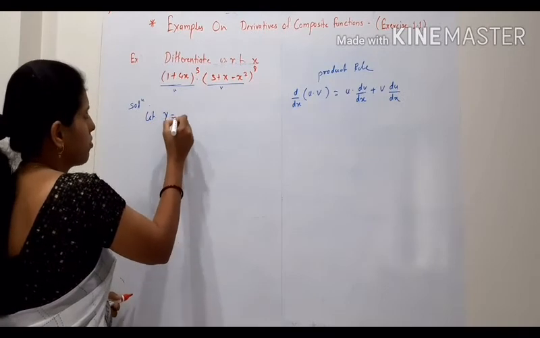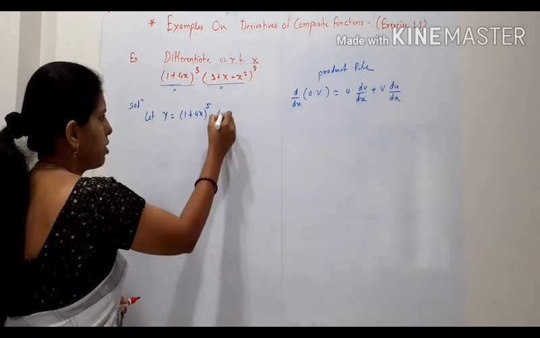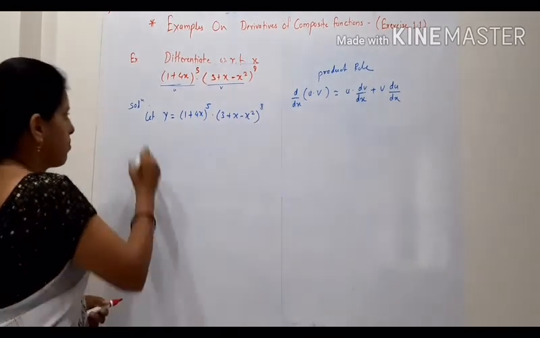So let y be equal to the given function, (1 + 4x) raised to 5 into (3 + x - x square) raised to 8.